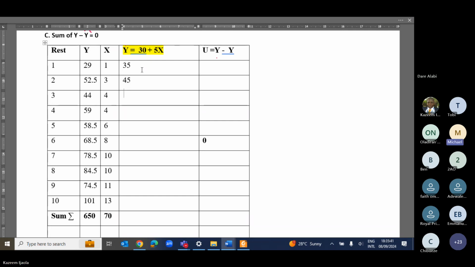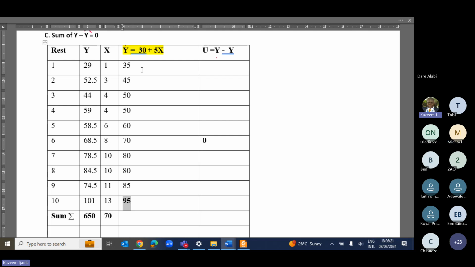The third one is 50. The next is 60. Then 5 times 8, 40, plus 30 is 70. Then 80. 5 times 11, 55 plus 30 is 85. Then 95.